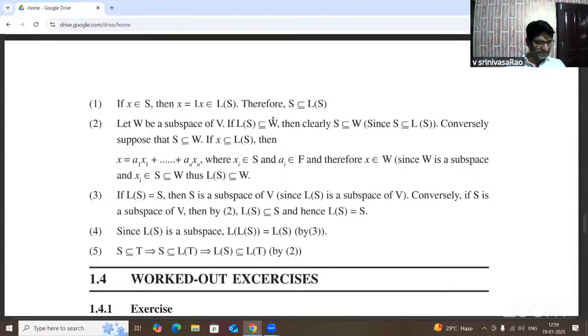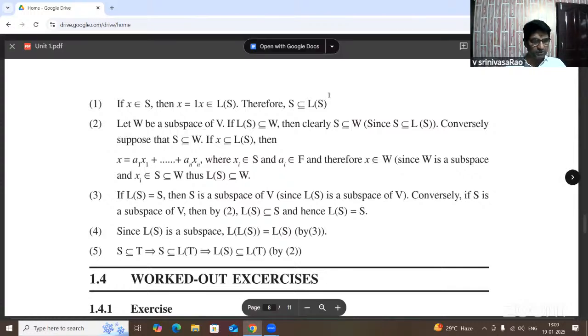Conversely, S contained in W means that x in the subset is also contained in L of S. Because the linear combination of the vector x equals the summation sigma ai xi, i varies from 1 to n. The summation symbol is sigma.